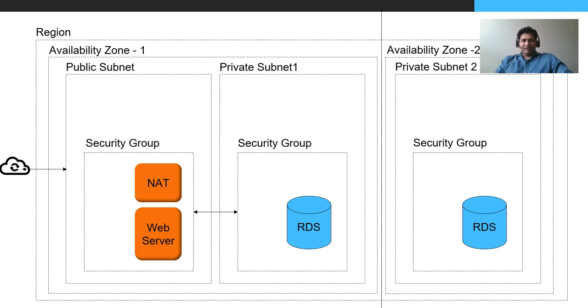And then the private subnet, which hosts the database, is going to talk to the public subnet with the help of NAT instance, which is Network Address Translation instance. And the little cloud on the other side is us, who are going to access the setup via a browser. Okay, so that's at a very high level.